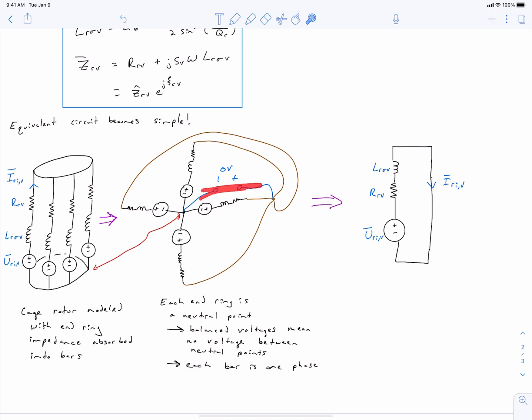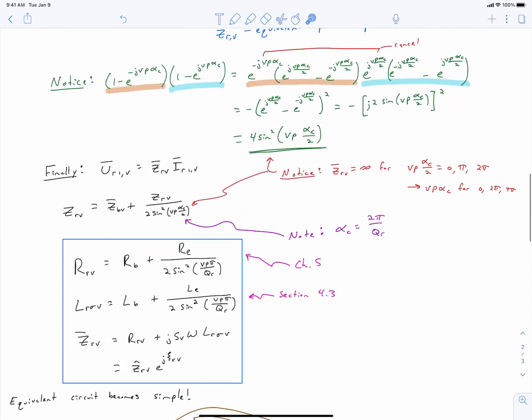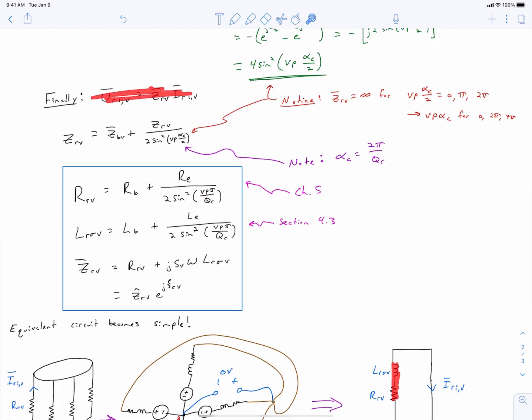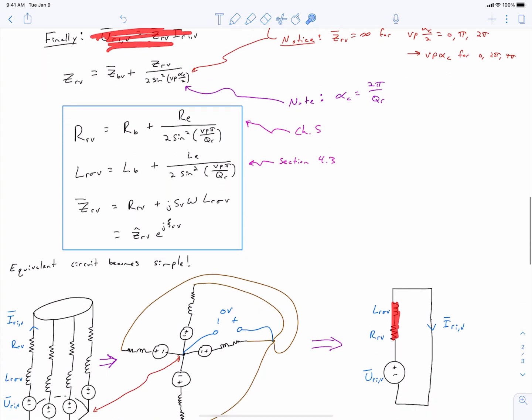You could short circuit these terminals, and it wouldn't matter. It'd be the same thing, right? 0 volts or a short circuit is the same thing. And so that's effectively what we've done. We also know that this is true because these two elements combined make ZRV, and that matches our observation right here for how the voltage and current relate to each other. This equation is this circuit.